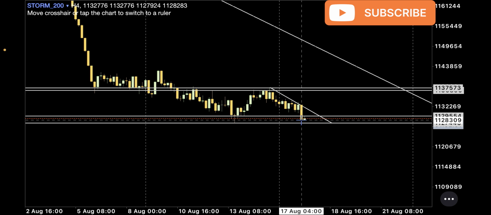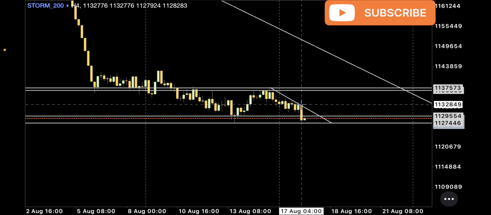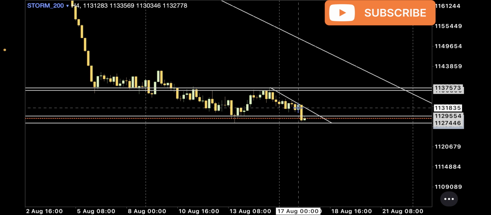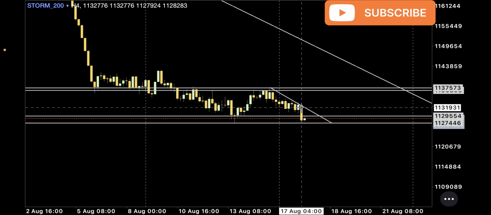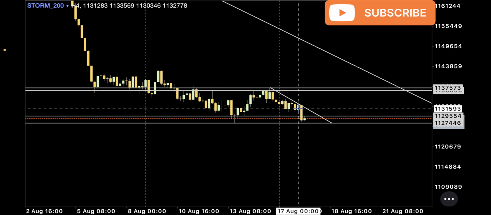This is a bearish engulfing candle. Engulfing means the next candle has been able to surpass the previous candle. This candle has been able to surpass and close below this candle, so it means it has engulfed this candle. Understand?